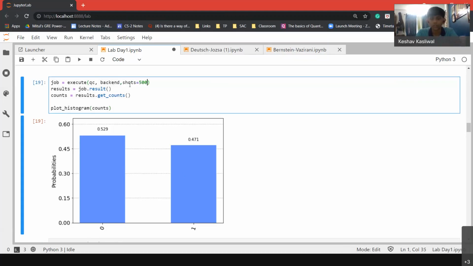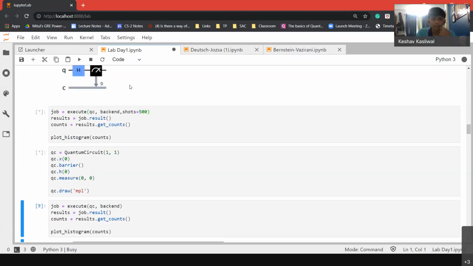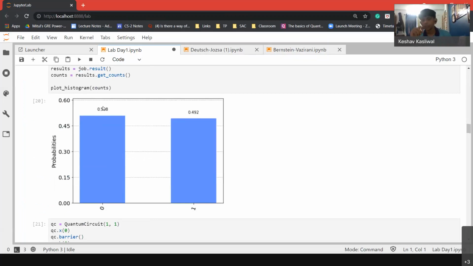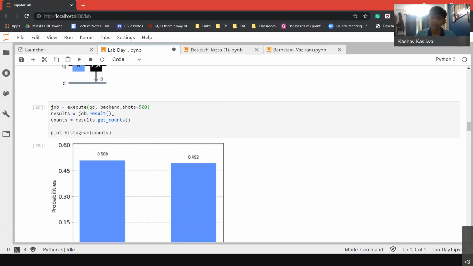So, to show you why shots are indeed important, look, now the numbers have changed. I showed you that it was 0.528 and 0.471, and now it has changed to 0.508 and 0.492. Why did it change its count? Because now we have a sample space of 500 over here.